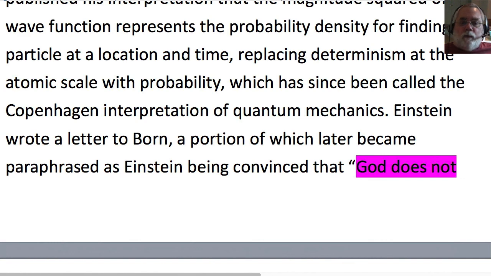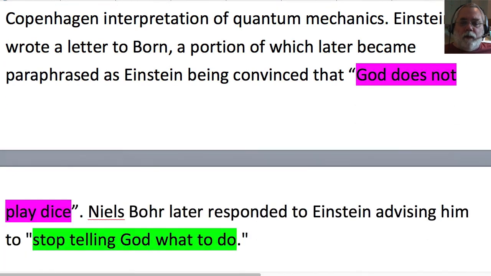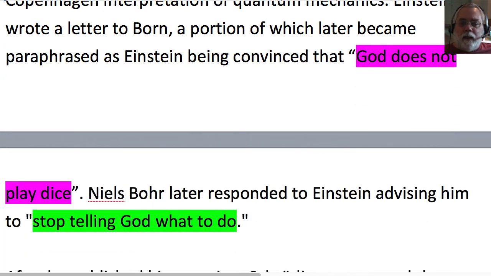Einstein wrote a letter to Born, a portion of which later became paraphrased as Einstein being convinced that God does not play dice. Niels Bohr later responded to Einstein advising him to stop telling God what to do.